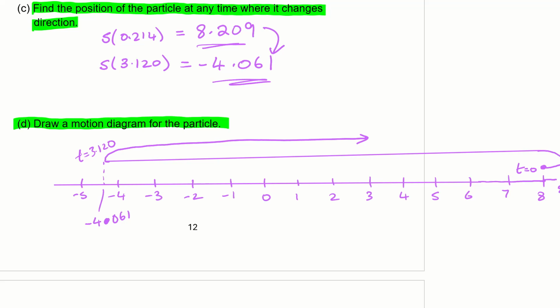So our total distance travelled is 0.214, add 12.27, add 532.06, giving us 544.54 meters.